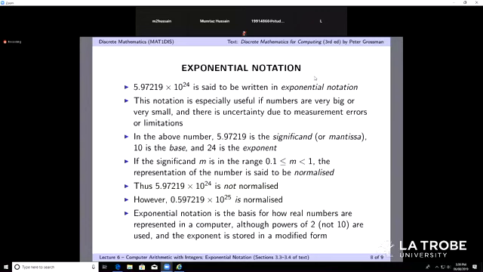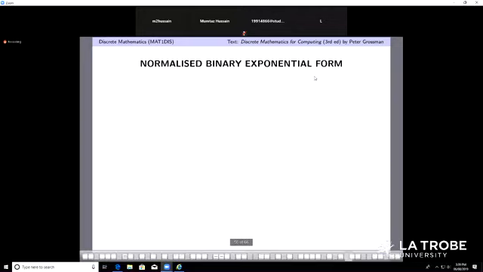Exponential notation is the basis for how real numbers are represented in a computer, although powers of 2, not 10, are used, and the exponent is stored in a modified form. So we will not be using powers of 10, we'll be using powers of 2 because that is the binary representation. Now let's look at the normalized binary exponential form.